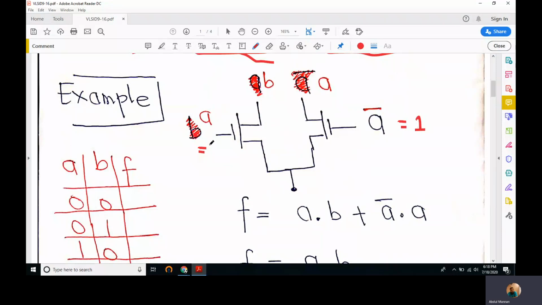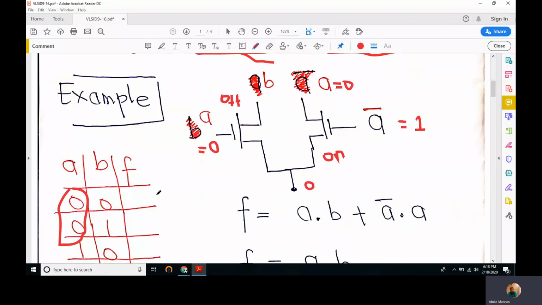So for the two input combinations of the truth table for which A is equal to 0, this transistor is off and the right transistor is on, and we get A, that is a 0, at the output.